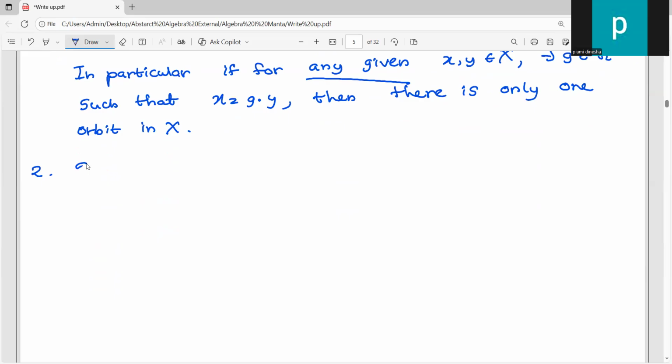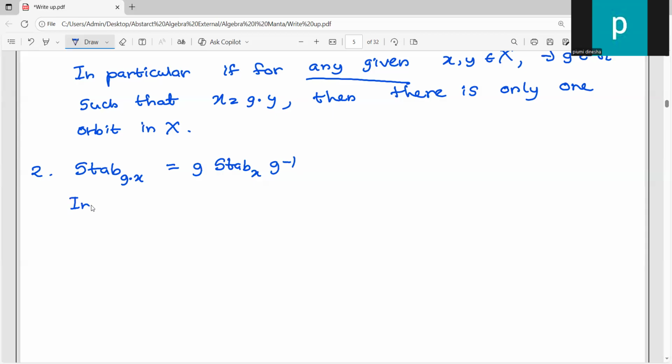We have the stabilizer of G dot X. Now observe, G dot X is an element in the set X, and its stabilizer is G stab X G inverse. Right?